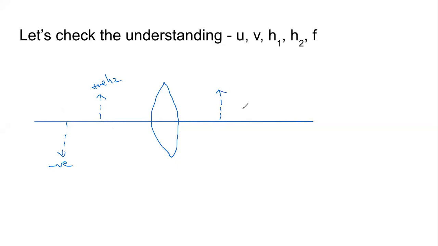Is it positive or negative? Positive. It is positive because it is up. What happens to the H2 if the image is like this? Negative. Negative H2. Always remember U and V with respect to x-axis, H1 and H2 with respect to the y-axis. Never forget this.